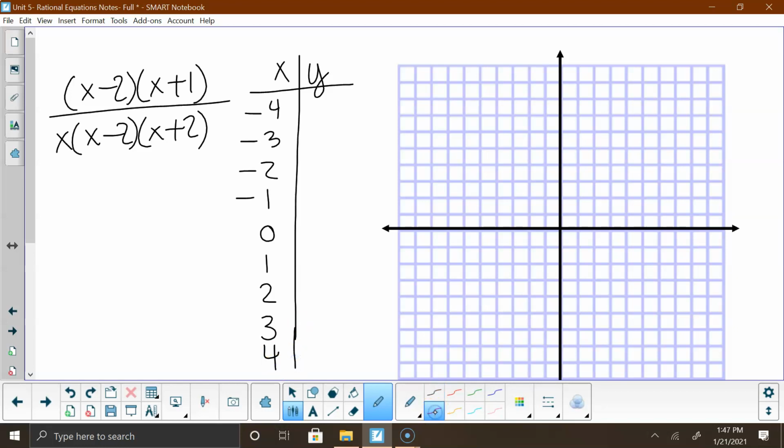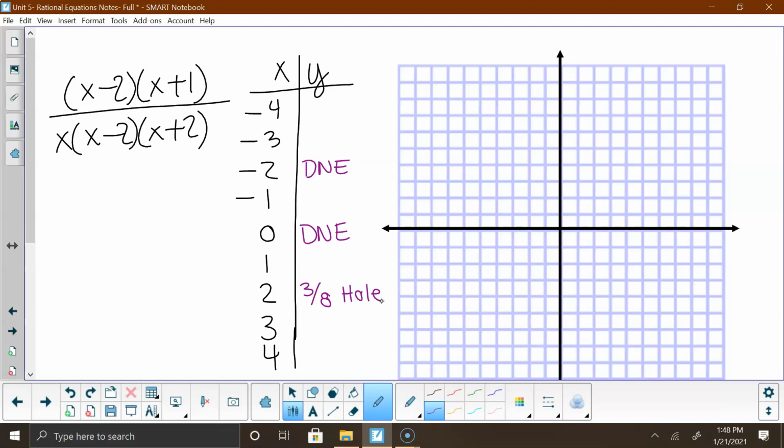And I just did a whole bunch of this. So, at 0, we said that was an asymptote, right? At negative 2, that was an asymptote. We had a hole at 2, 3/8. Okay?